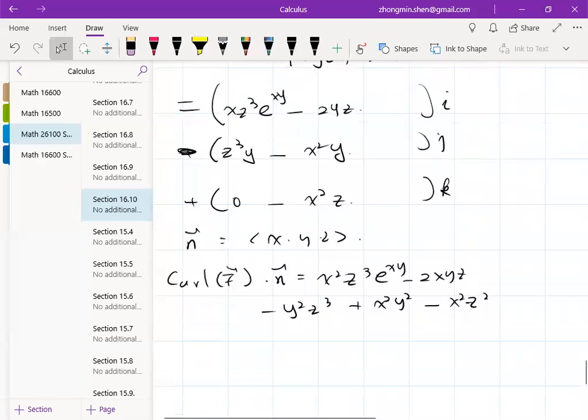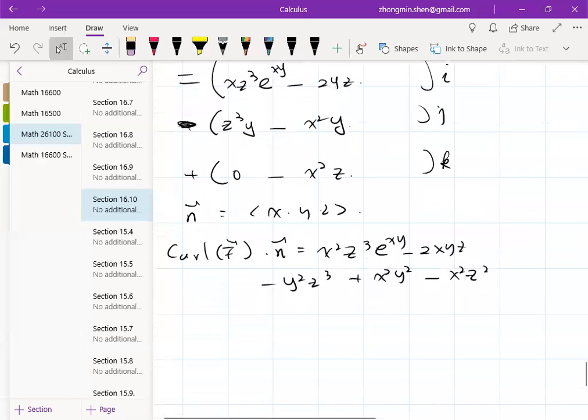Okay, so that means this line integral becomes a surface integral of this function over the portion of the sphere.